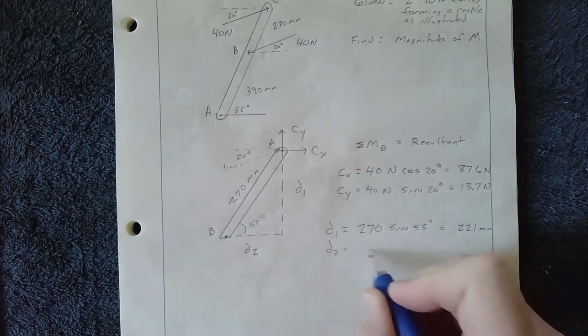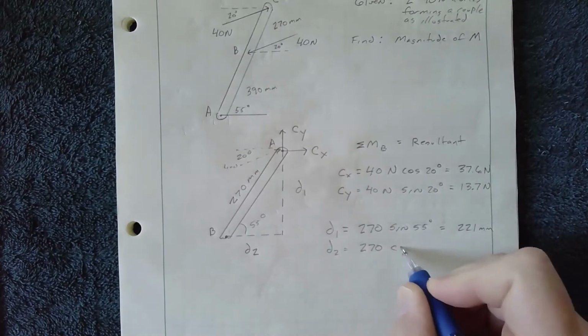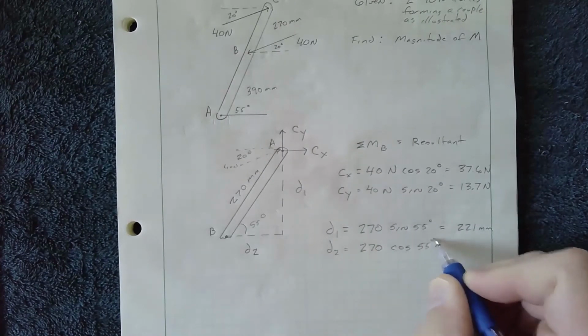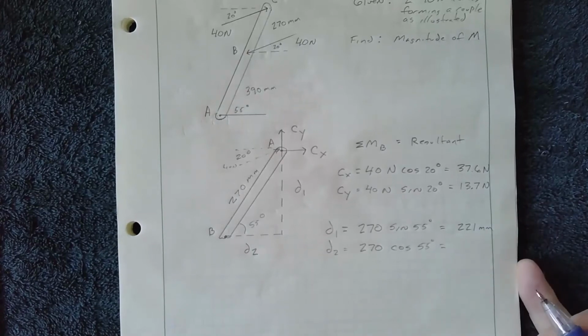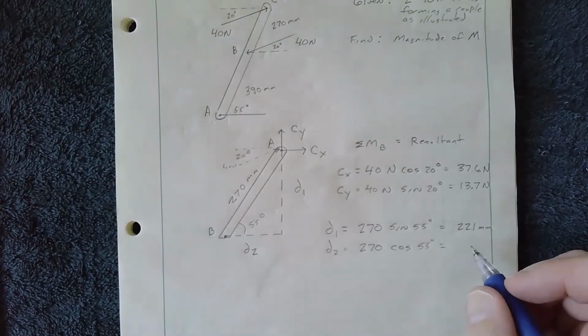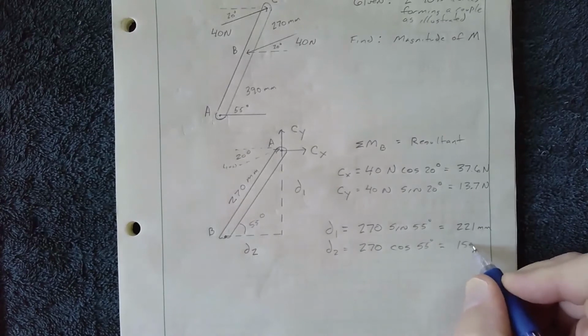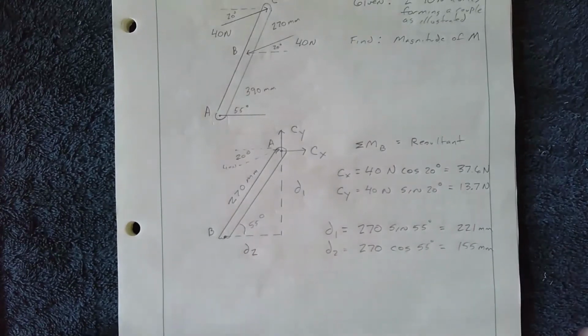D2 is equal to 270 times the cosine of 55 degrees, and that gives me a value of 155 millimeters.